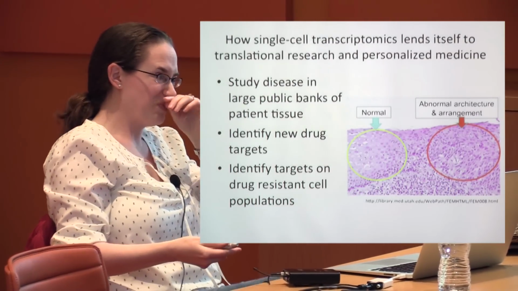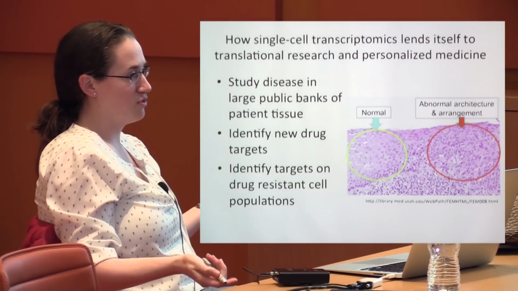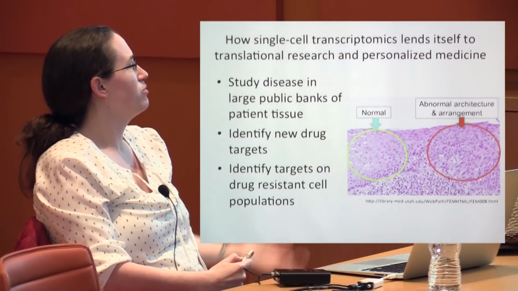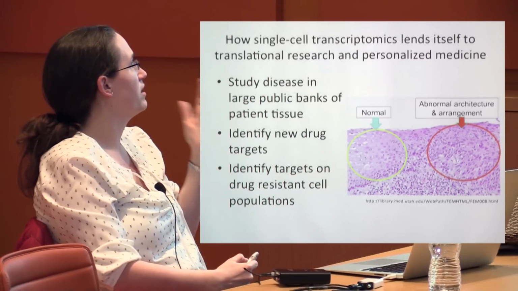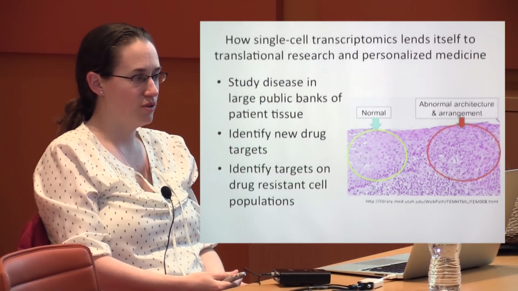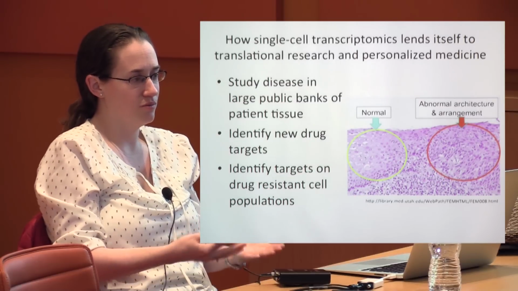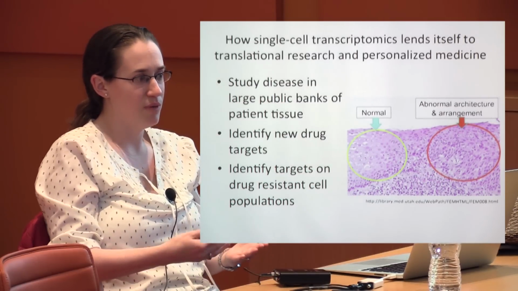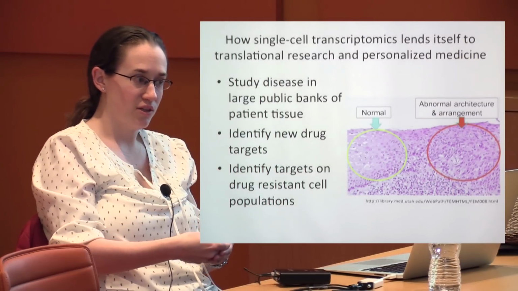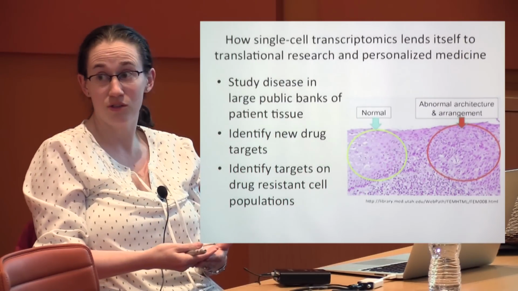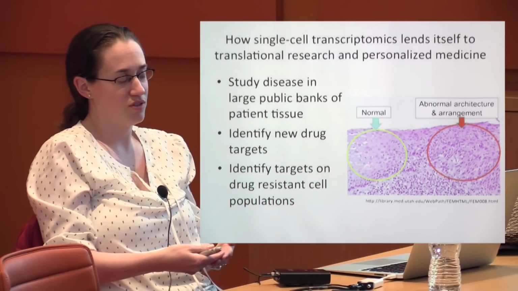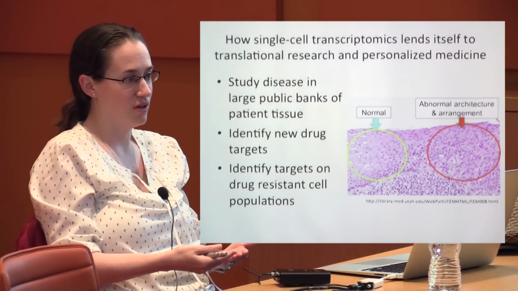So single-cell transcriptomics really lends itself to translational research and personalized medicine. I was mentioning earlier, there are these large public banks of patient tissue, so you're not limited to what's available right now. People who donate tissue to get involved in clinical research, or donate their bodies to science, it's just such a spectacular resource.